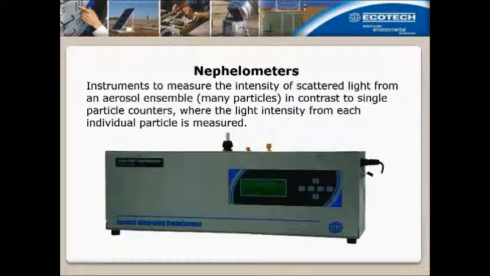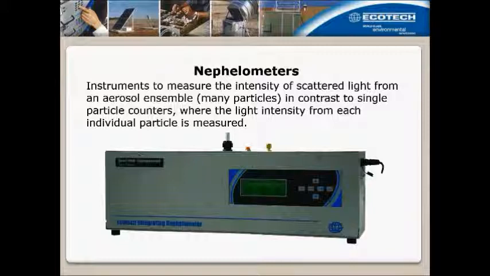The nephelometer itself is an instrument which measures the intensity of scattered light from an aerosol ensemble. Basically, you measure not only a single particle, you measure many particles which are in the measurement volume at the same time, in contrast to single particle counters which actually measure each individual particle.